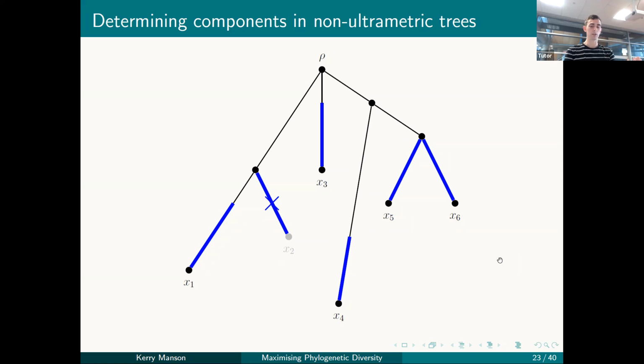If that situation occurs, that's our way in this algorithm of noting that the earlier situation has happened, and we remove X2 from our set of feasible vertices. So when we have a non-ultrametric tree, and say we were choosing a MaxPD set of size 4, X2 will never appear in any MaxPD set of size 4.